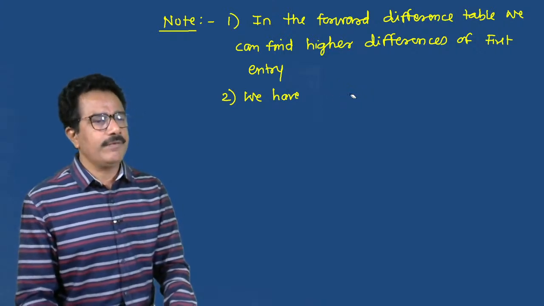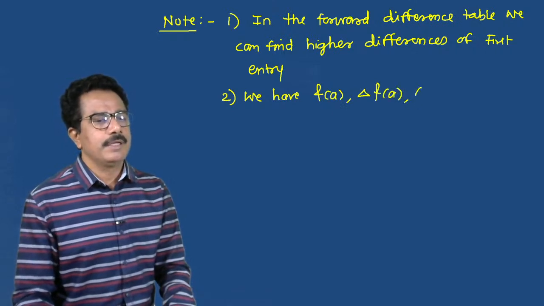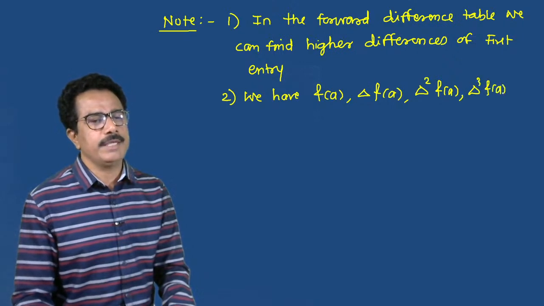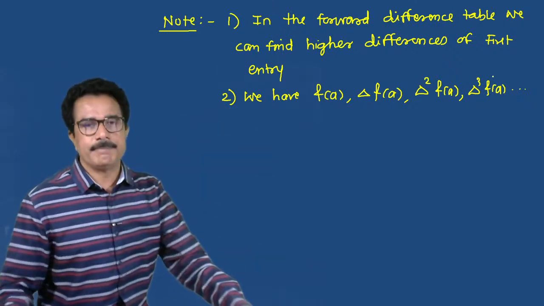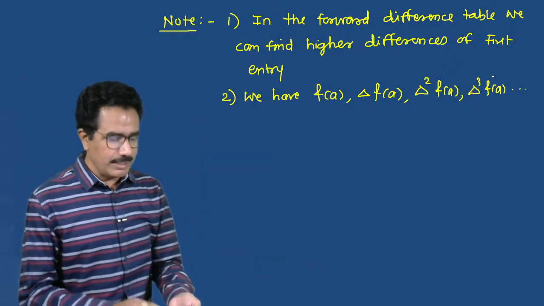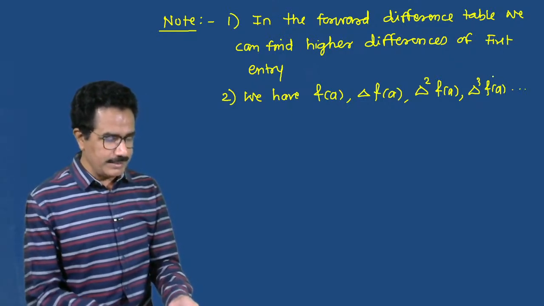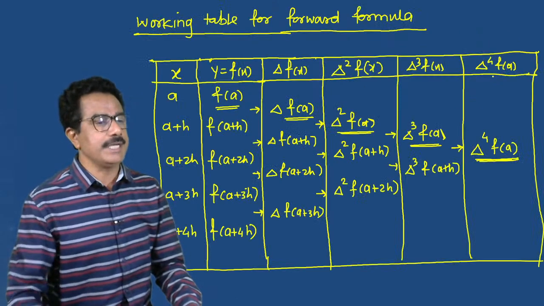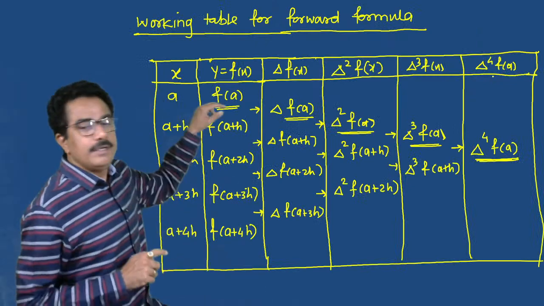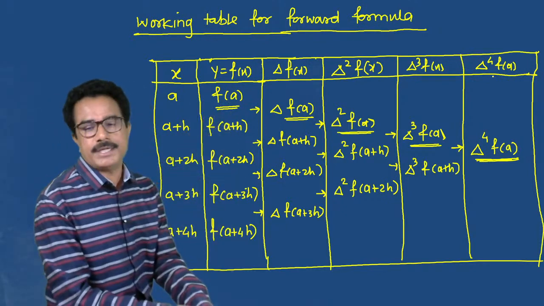सो एक मिनिट, f of a, Δf of a, Δ² f of a, Δ³ f of a. इन दिस वे मीन्स अगर हम फॉरवर्ड डिफरेंस टेबल ड्रॉ करते हैं तो सबसे इंपॉर्टेंट क्या होता है, we will get the first entries. आपण काय मिळवू शकतो स्टुडंट्स, the values of first entries, higher differences of first entries. या फर्स्ट एंट्रीच्याच हायर डिफरन्सेस we will get.